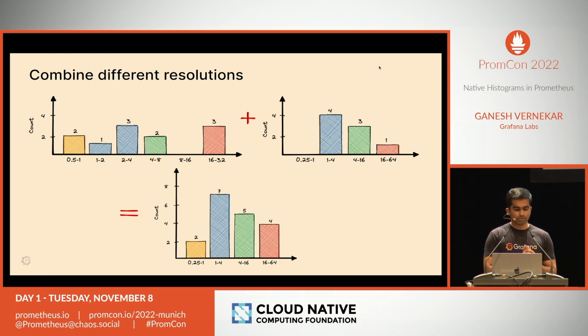Like the blue columns on the left side are both merged together, so 1 plus 3, and that becomes a single bucket in the low resolution. And you add that up with the histogram on the right side, and you get the new histogram. So now you can mix and match histograms of different resolutions by converting the high resolution to a low resolution.